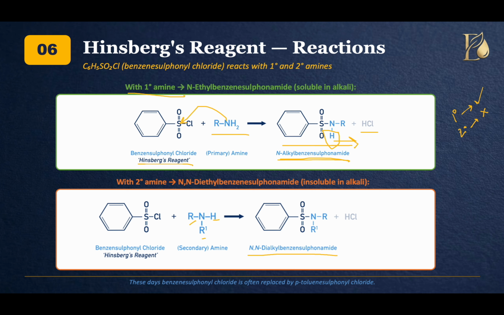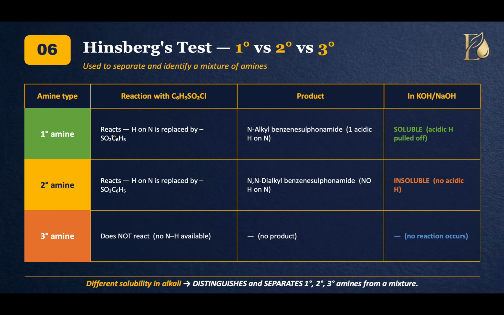So the Hinsberg test is an important organic chemistry test used to distinguish between primary and secondary amines, and we can also use it to distinguish tertiary amines, because tertiary amines do not undergo this reaction.